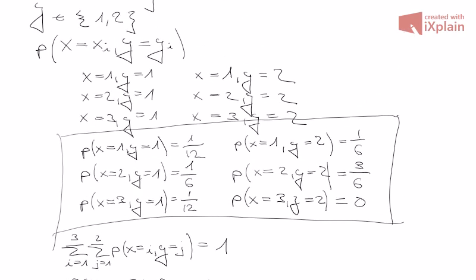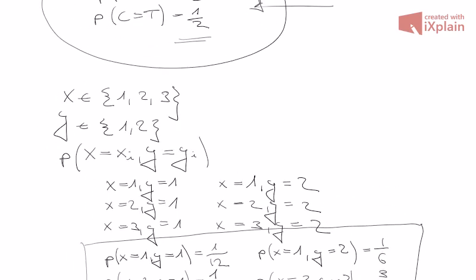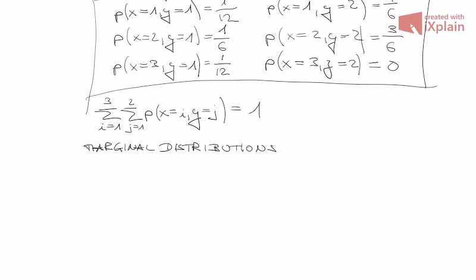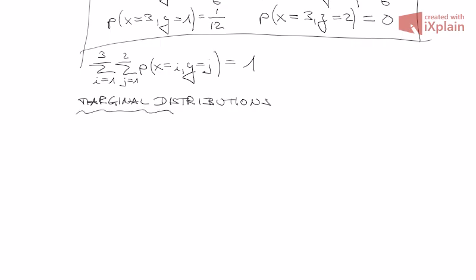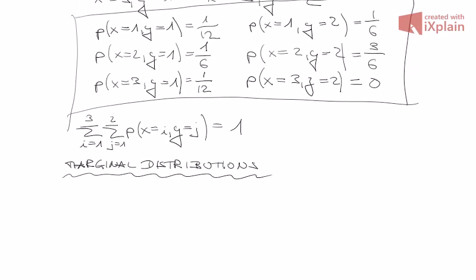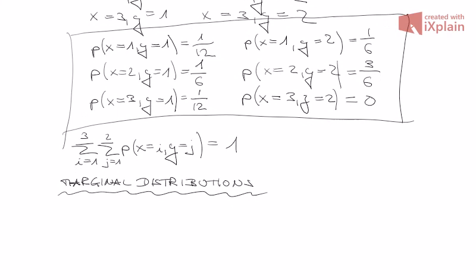So let's call this, just for completeness, the joint distribution, and now we talk about marginal distributions. If you have a joint distribution over two random variables, there are two marginal distributions, which are the distributions of the individual random variables in your joint distribution.